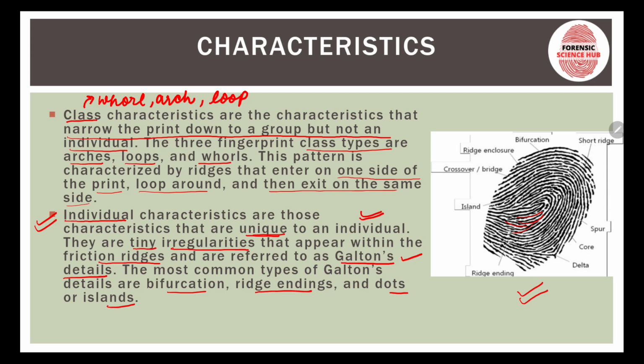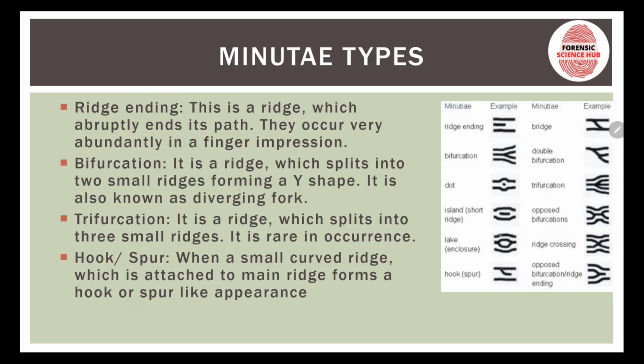So this is the reason why these characteristics help us narrow down to a particular individual, because they are present at different places in different numbers and they are of a number of types. So individual characteristics are the most important type of characteristics that help us identify a person.